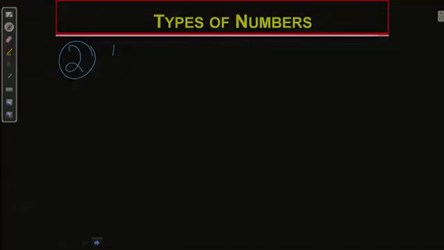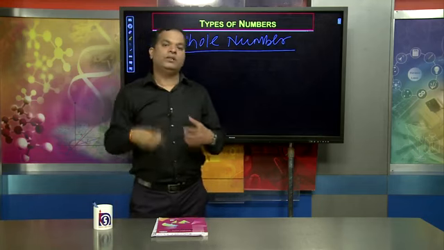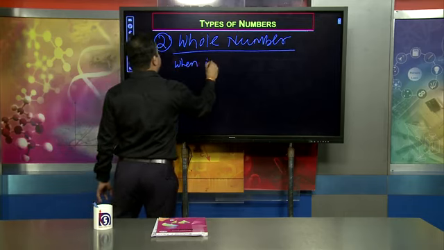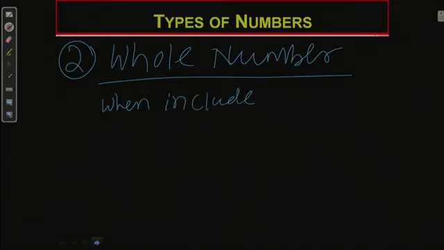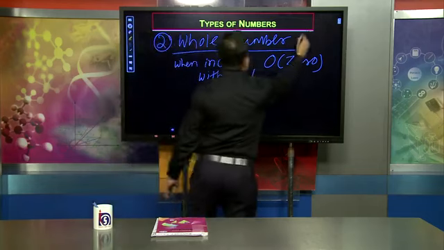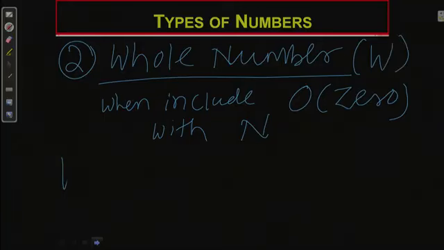Whole numbers are generated when we include 0 with the natural numbers. In simple language, when we include 0 with the natural numbers, we get the whole numbers, and in general they are written as W, starting from 0, 1, 2, 3, 4, and so on.